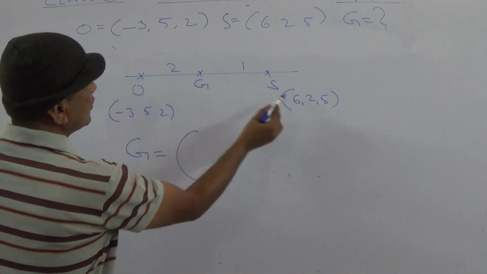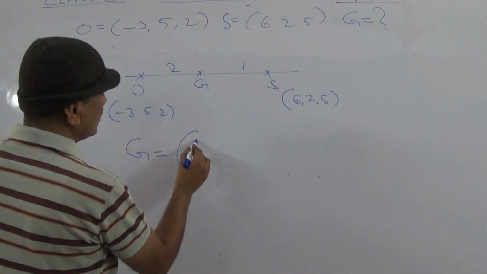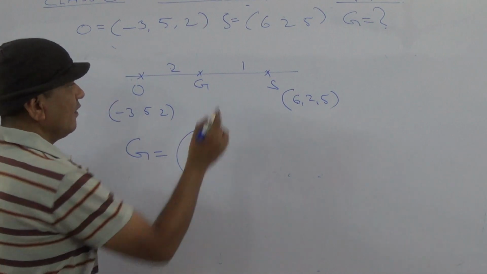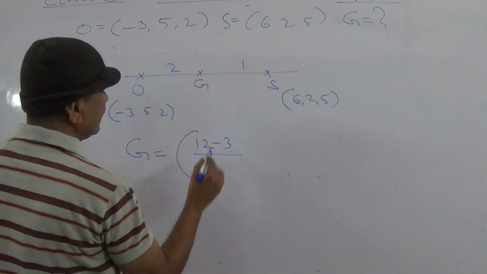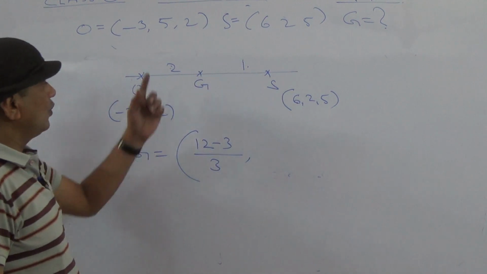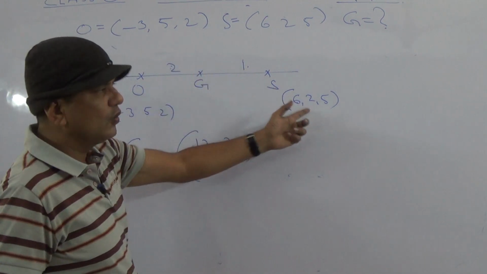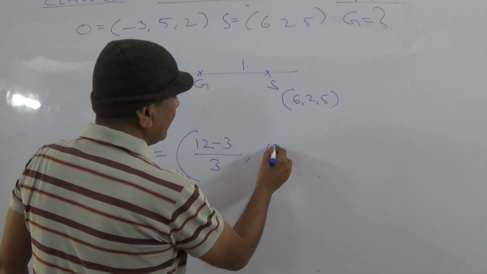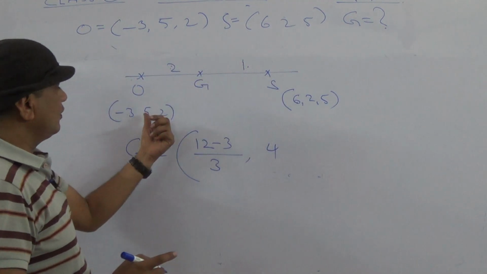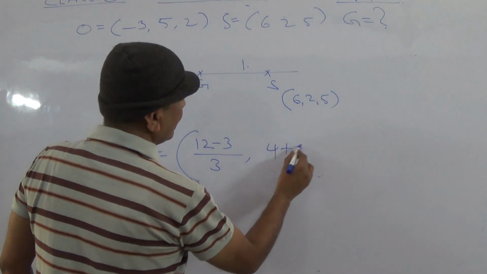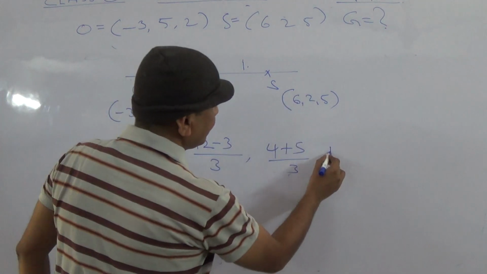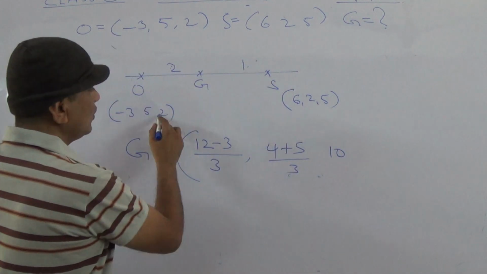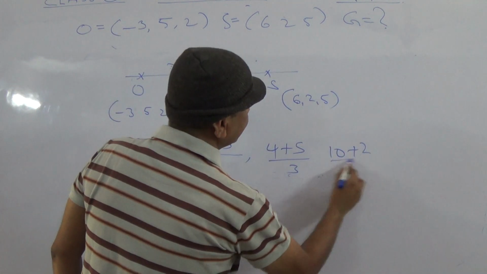Now 2 into 6, 12, plus 1 into -3, by m plus n, 2 plus 1, 3. Now 2 into 2, 4, plus 1 into 5, 5, by 3. Similarly 2 into 5, 10, plus 1 into 2, 12 by 3.